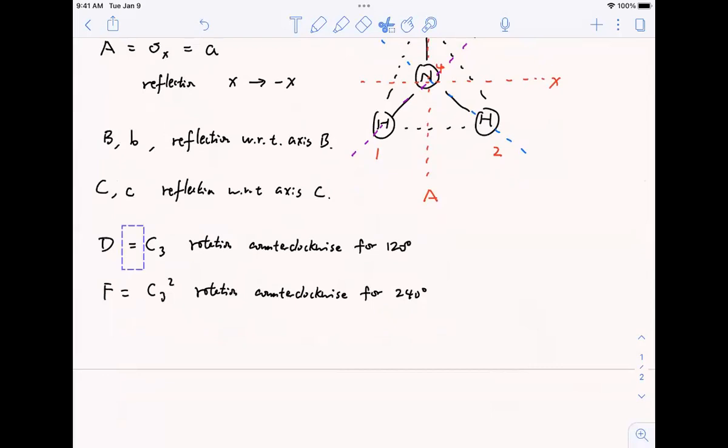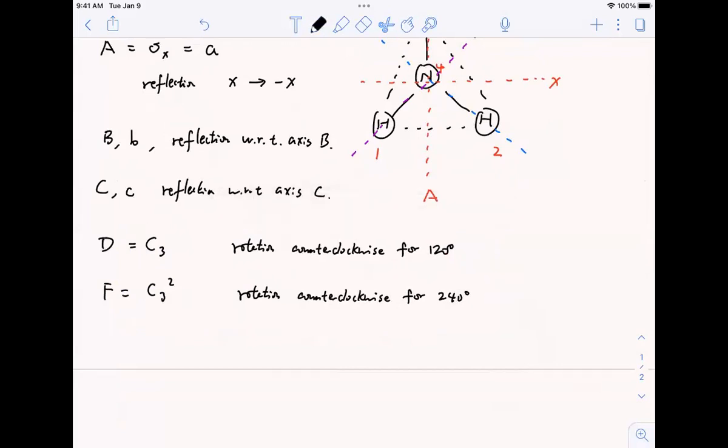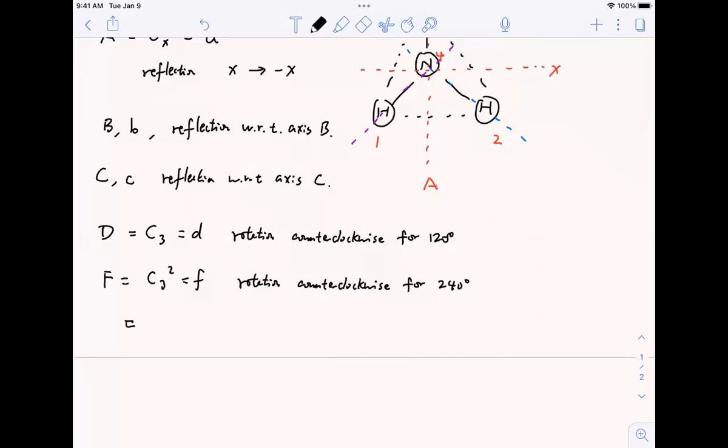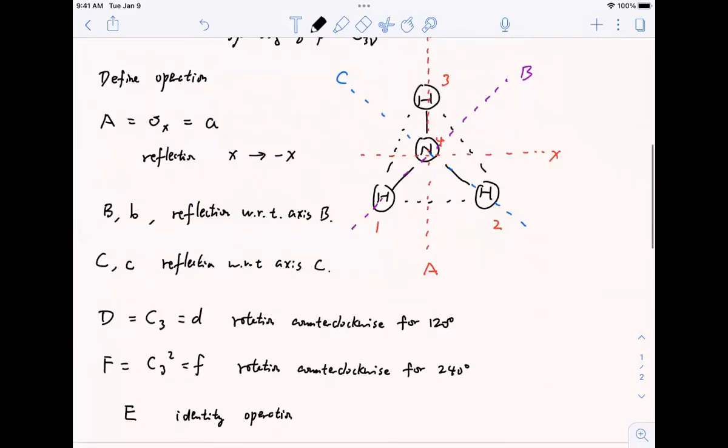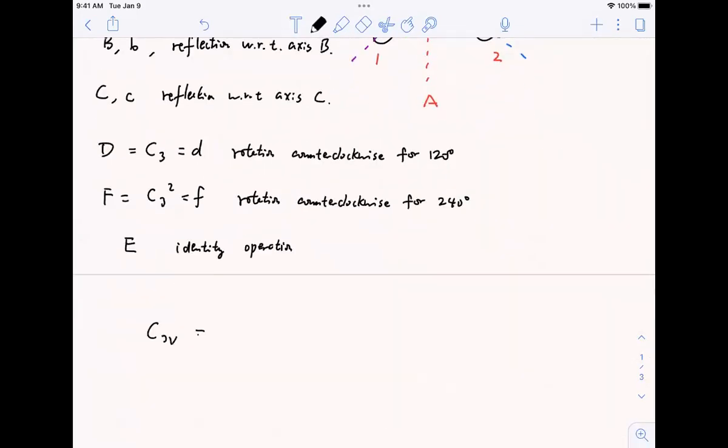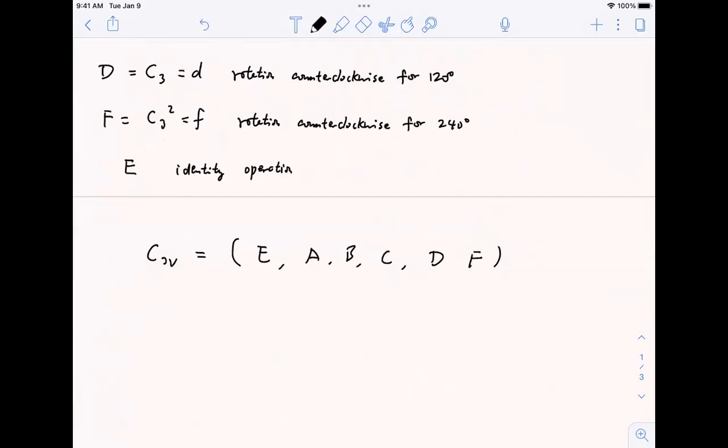We are going to use a small d and a small f. Later I'll tell you why we use 2. And the identity operation. So this C3V basically has these elements A, B, C, and then D and F. These 2 are just C3.